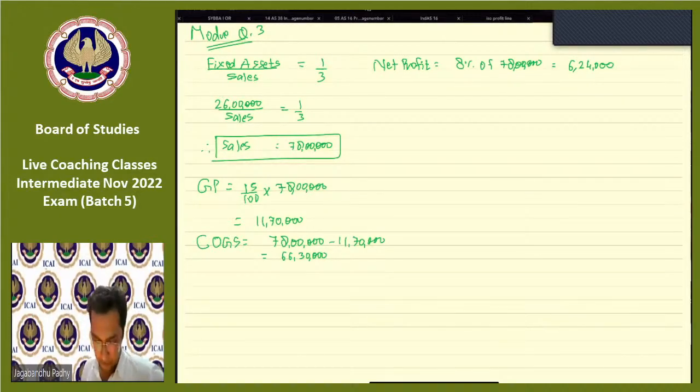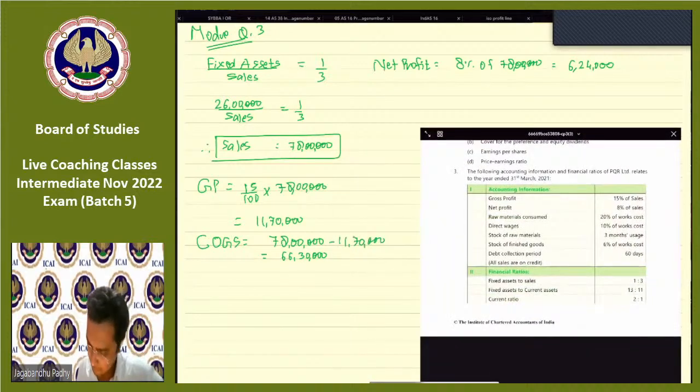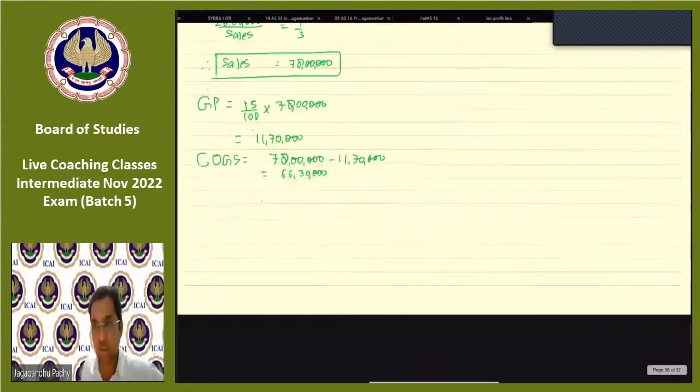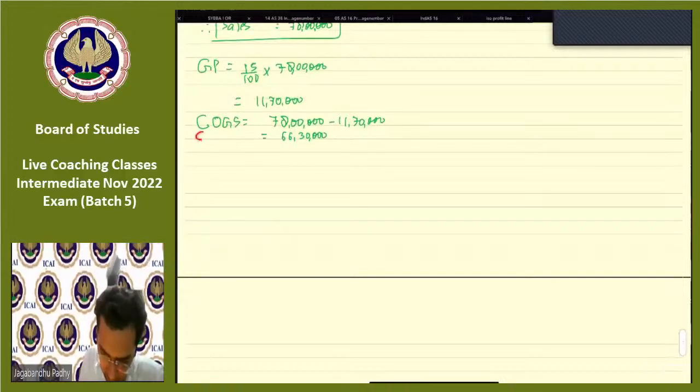Then sales, GP, COGS, net profit we have. Other information that we have is raw material consumed. Raw material consumed is 20% of works cost. Now, what is going to be the works cost? Understand, whatever COGS we have computed, that is ultimately the works cost. This itself is the works cost.